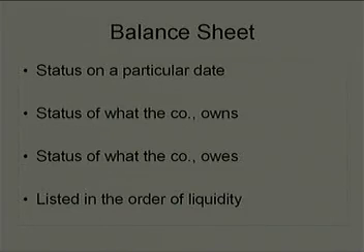We will see what this means. For the time being, just understand that the balance sheet is prepared as of a particular date. It shows what the company owns, that is the asset part. It also shows what the company owes, that is the liability part. And they are listed in the order of their liquidity. We will see what this means.